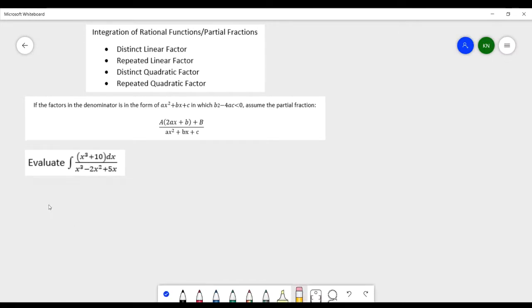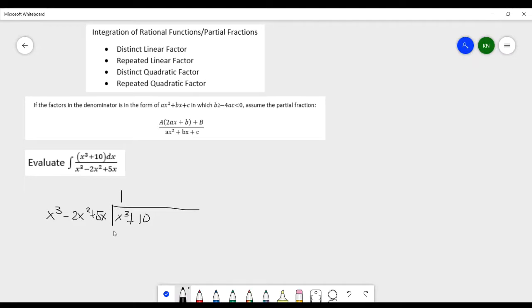So in using long division, we have x cubed minus 2x squared plus 5x divided by x cubed plus 10. Now x cubed divided by x cubed is equal to 1.